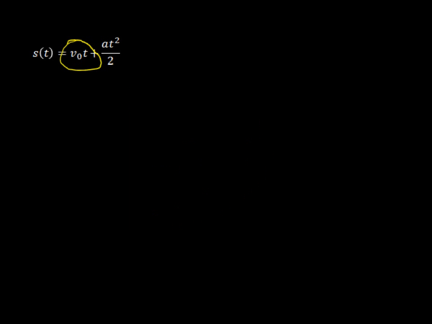They've added this, and that's because you don't have to have 0 as a starting velocity. Maybe you're throwing the ball straight down, perhaps off a building or something. Then it would have an initial velocity, and then it would pick up even more speed, and that would increase its distance even faster.